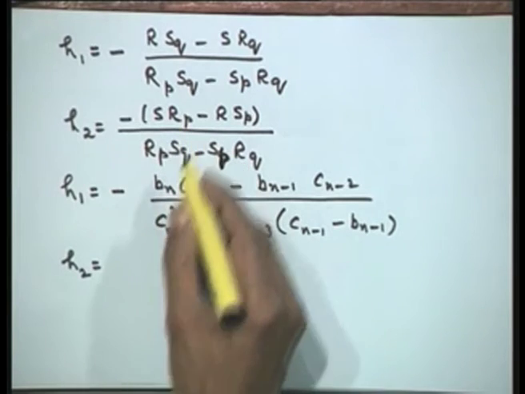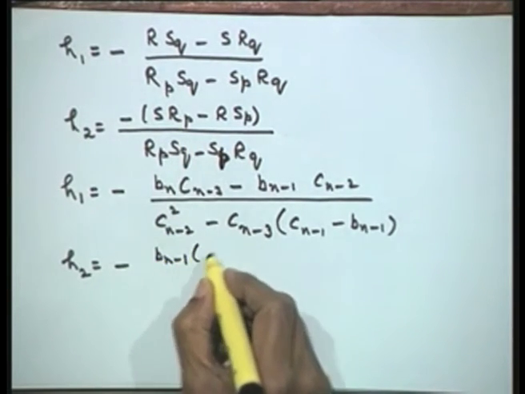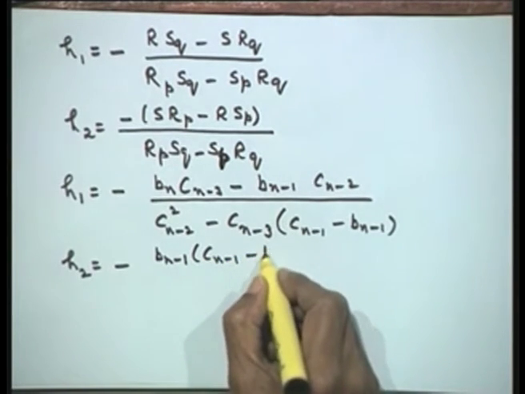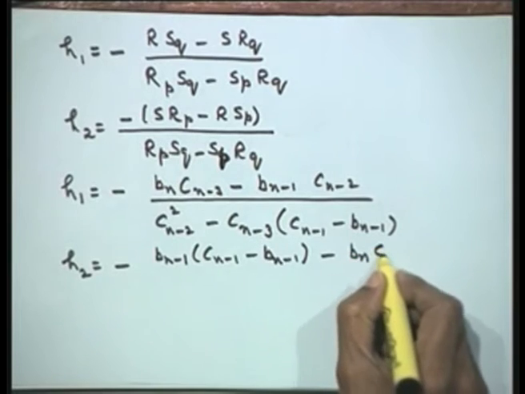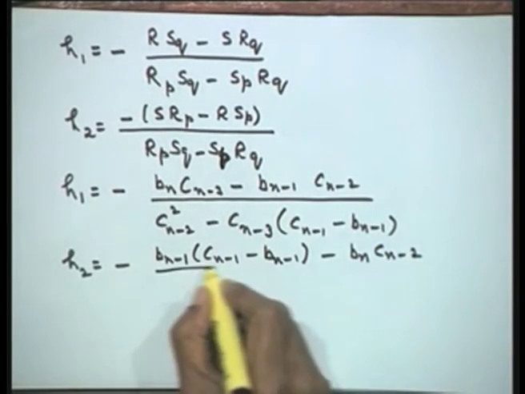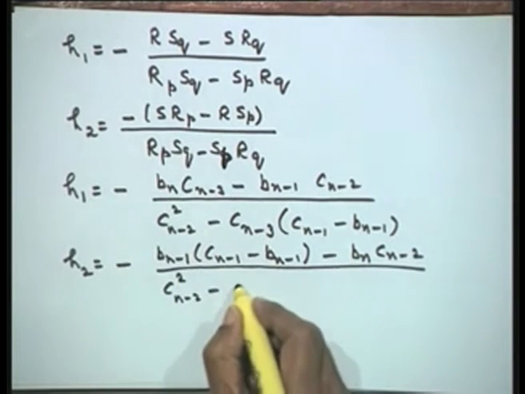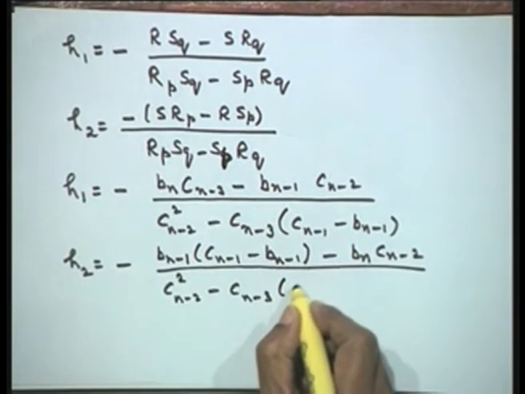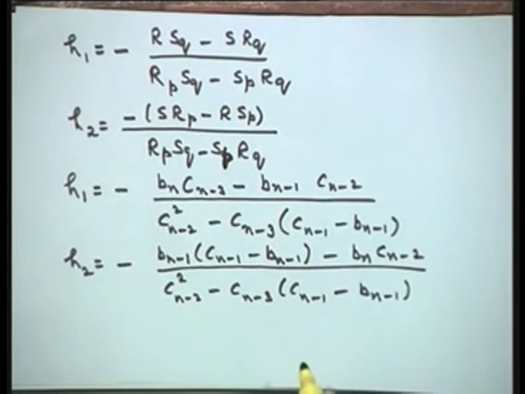And h2 obtained from here is minus of b(n-1) c(n-1) minus b(n-1) minus bn c(n-2), divided by the same denominator, c(n-2) squared minus c(n-3) c(n-1) minus b(n-1).